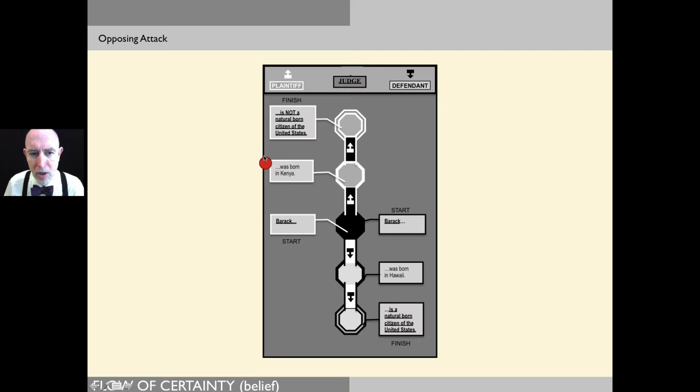One who was born in Hawaii is not a natural-born citizen of the United States. So, since this is 100% here, and these two at the ends have to add to 100%, by adding an opposing attack, you can reduce the amount that's available for the original conclusion.